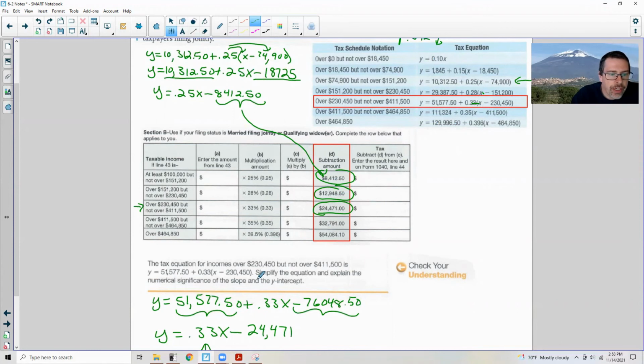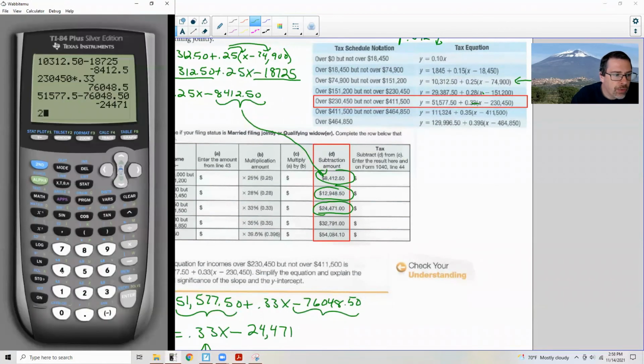Okay, so let's just check that. So what is 24,471? If I take $24,471 and I subtract the prior tax amount, which was 10,312.50, I'm down to $14,158.